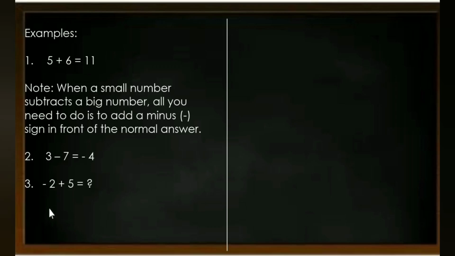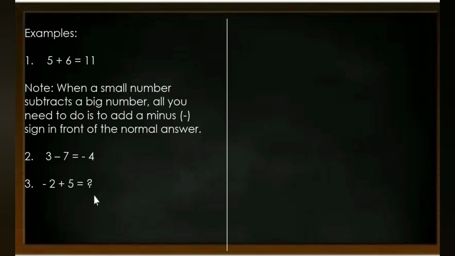Now, how about this one? Minus 2 plus 5 equals to what? This is a typical example of a question that has a negative sign that usually confuses students. So with the concept we have just learned, we said when you are faced with the question, take minus to be that you have borrowed a certain amount from someone. Take plus to be that you have paid the certain amount to the same person.